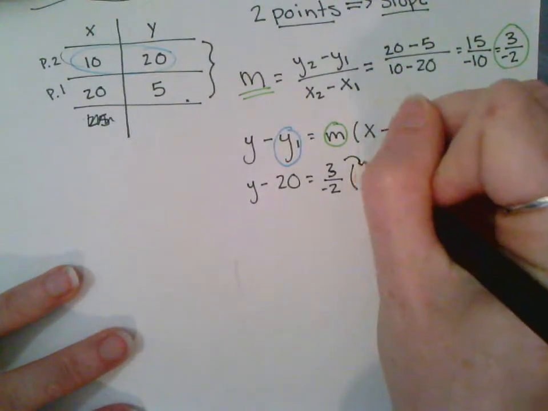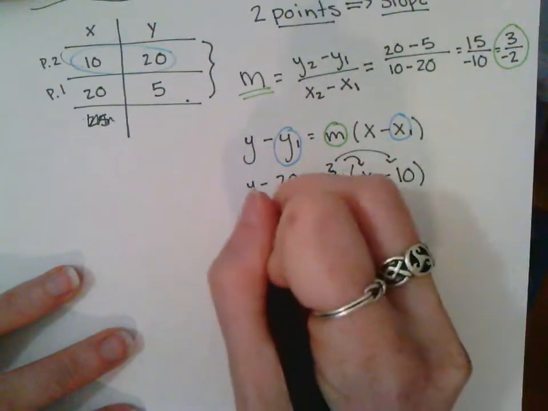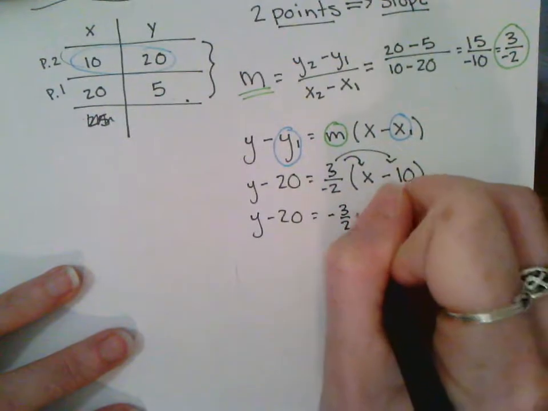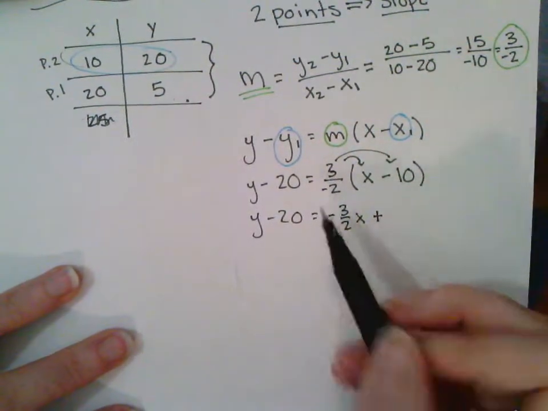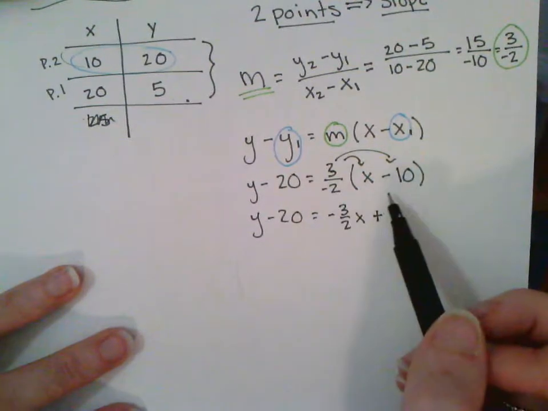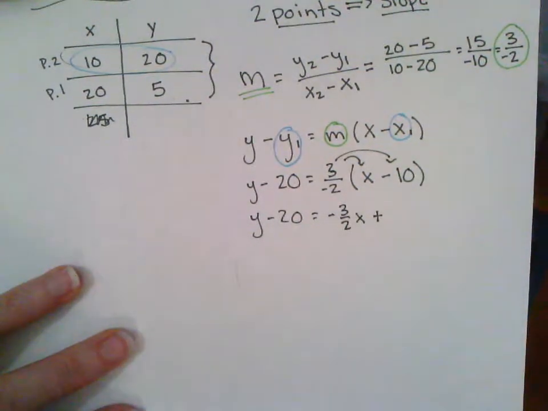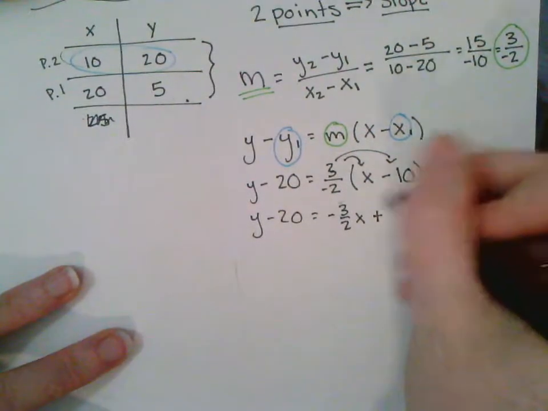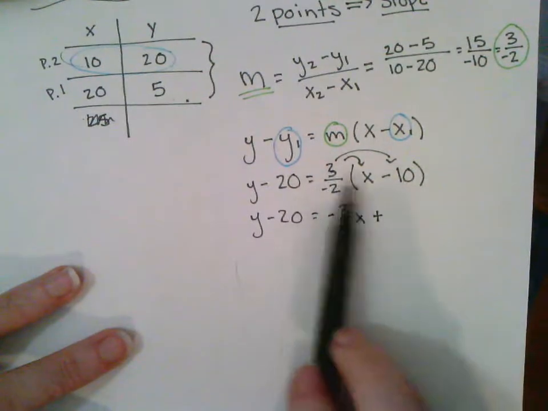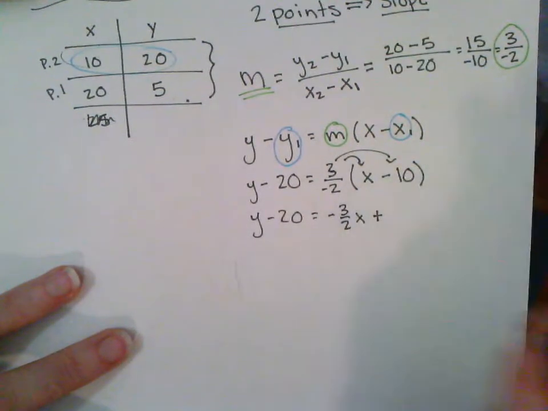Now I'm going to distribute here. y minus 20 is equal to negative 3/2 x plus, because those negatives will cancel each other out. Make sure you're being very careful with those. That's a common mistake I've seen all week. We really need to make sure we're nipping that in the butt, being really careful with our negatives. 10 divided by 2 is 5, so what this is really saying is, hey, what's 3 times 5?